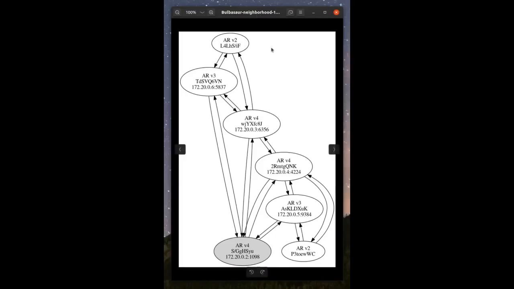So here is the neighborhood as node 0 sees it. Here is node 0. You'll see it's on IP address 2. You'll also see that node 0 knows the IP address of this node because it's right next to it, this node because it's connected, this node because it's connected. It does not know the IP address of this guy because it's more than one hop away, or this guy.